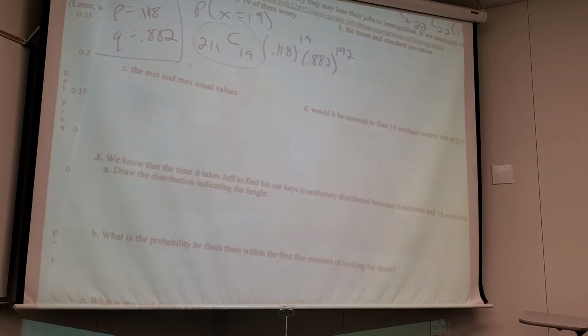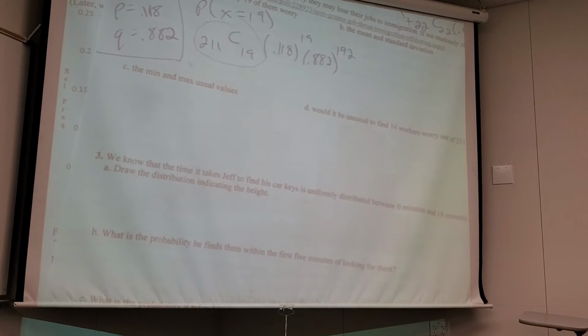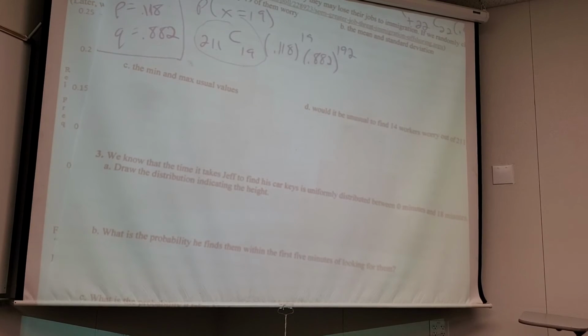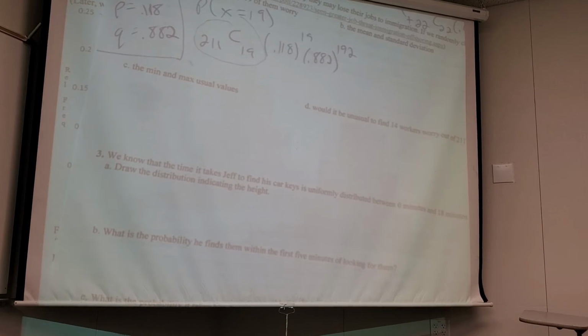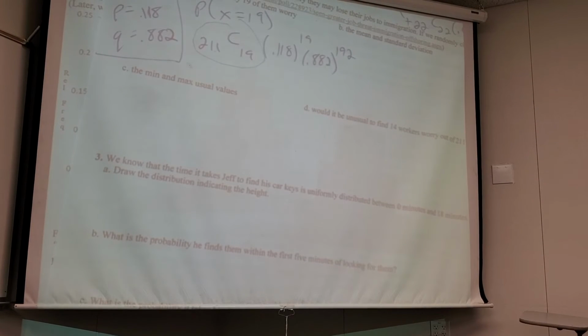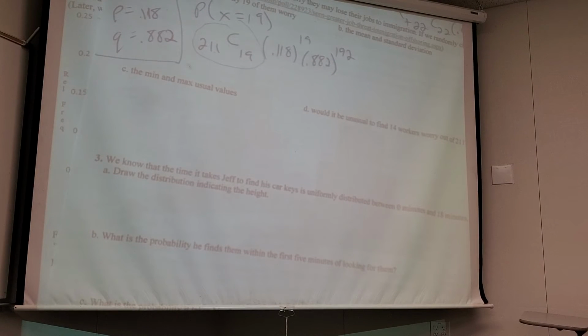I got 211 things. I want to know how many ways can I choose 19 of them. Just imagine, it could be the first 19, or the last 19, or the middle 19, or the first 2 and the last 17, or the first 3, the middle 2, and the last 14. Can you see that that's going to be a stupid big number? That number by itself might freak your calculator out.